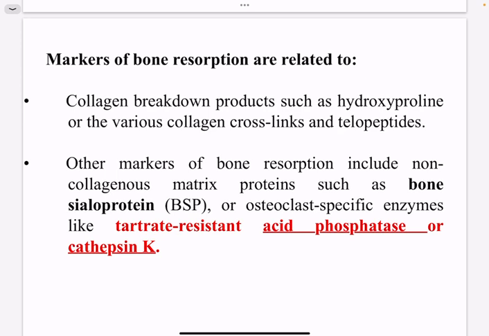And we have other bone resorption markers, the CL proteins that we mentioned, one of the bone proteins, or osteoclast specific enzymes.